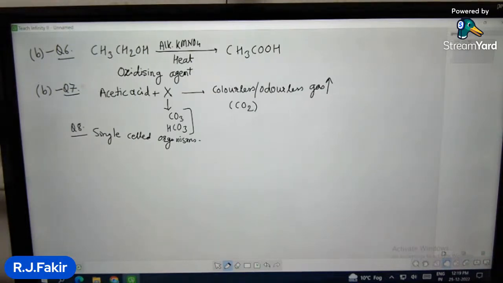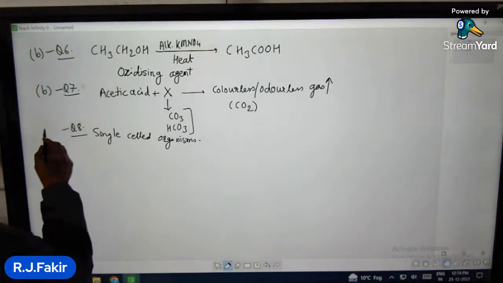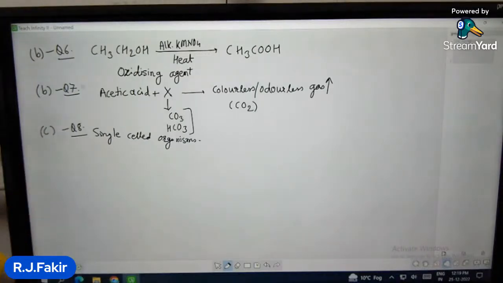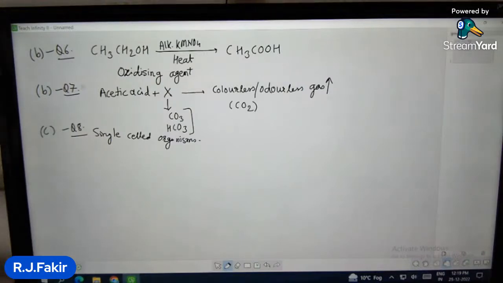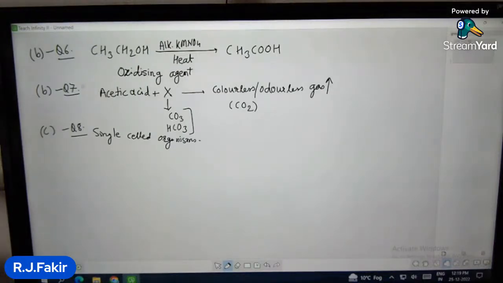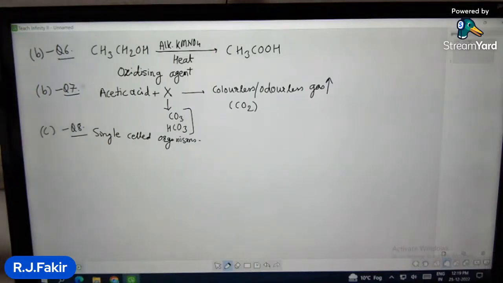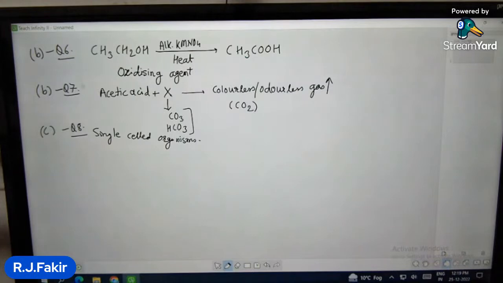So second and fourth is correct. Option C is correct for this. What is second and fourth? I will read again. Simple diffusion is sufficient to meet the requirement of exchange of gases. And fourth, the entire surface of the organism is in contact with the environment for taking in food. So I think this you have already studied in the case of amoeba.